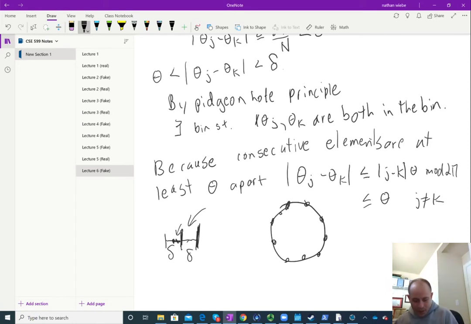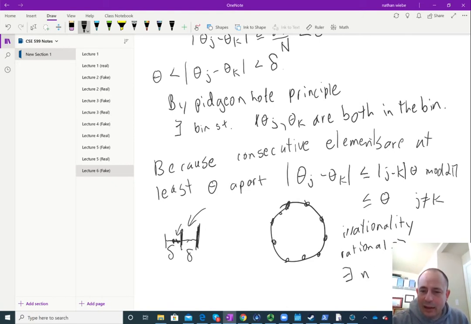Okay, so that is how that goes, and it follows from this and also the irrationality, because if it is rational, then there exists an n such that there exists j not equal to k such that theta_j is equal to theta_k mod 2 pi.